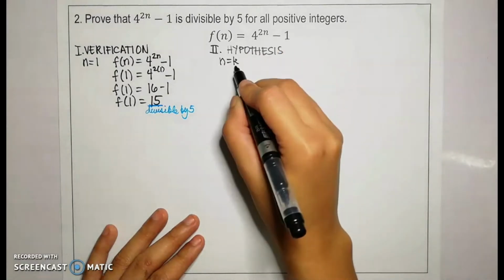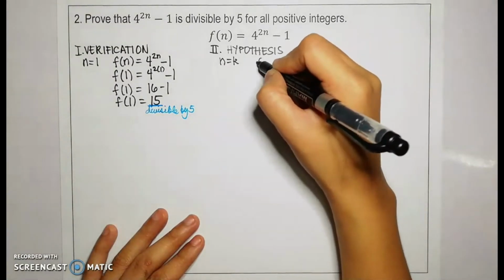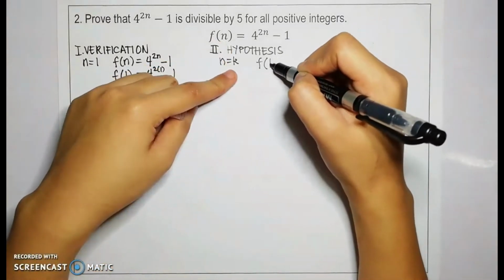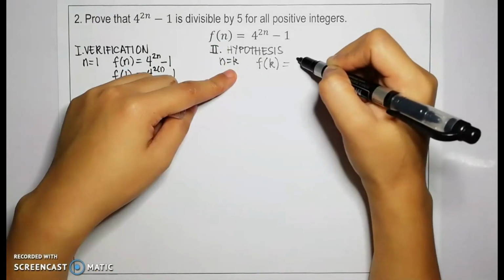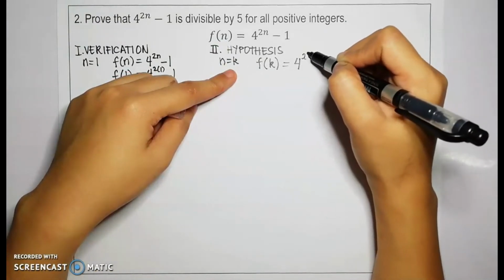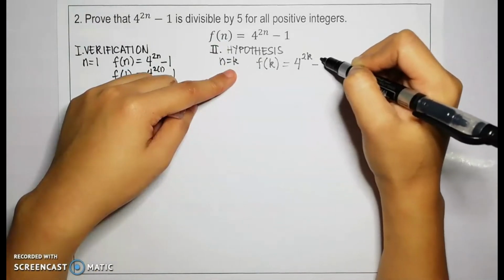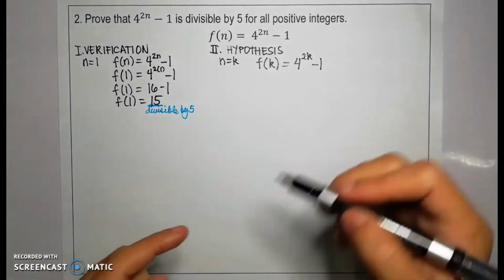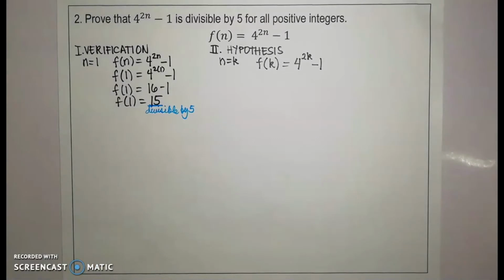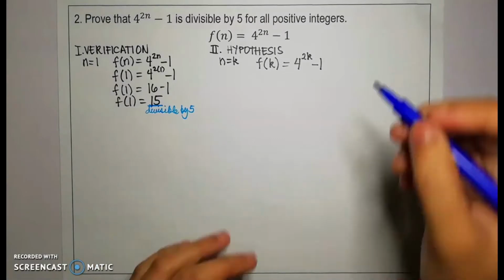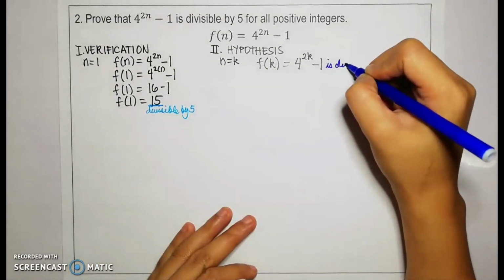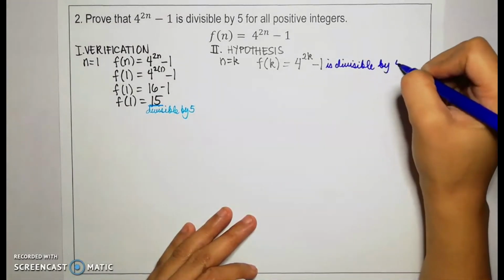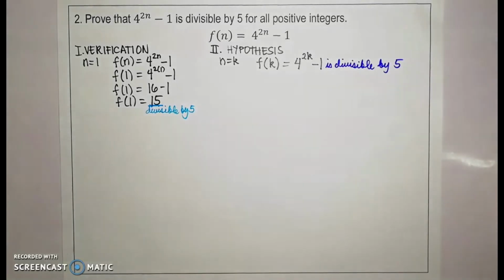Then we replace in our function, we have f of k equals 4 raised to 2k minus 1, and 4 raised to 2k minus 1 is divisible by 5. So we hypothesize that this function is divisible by 5.